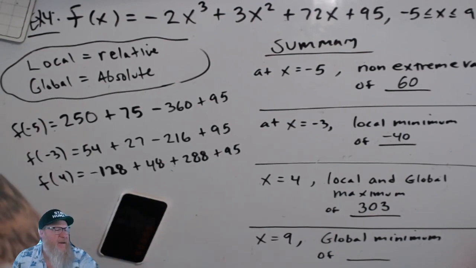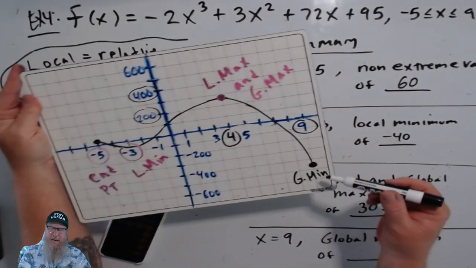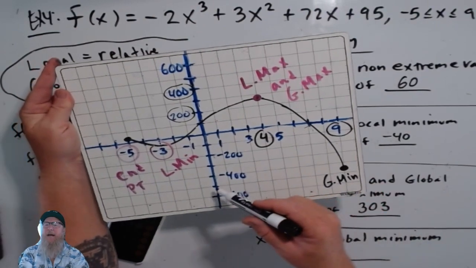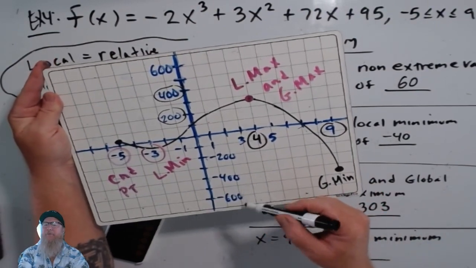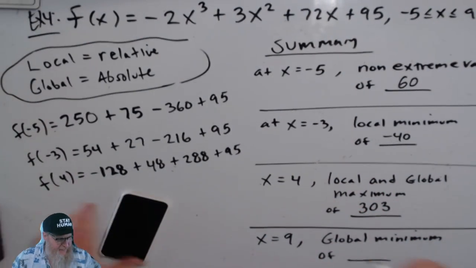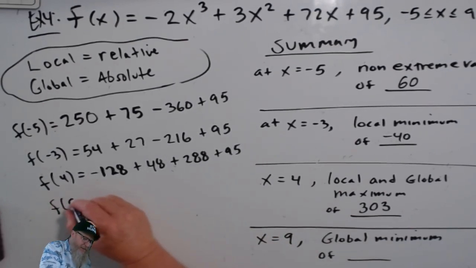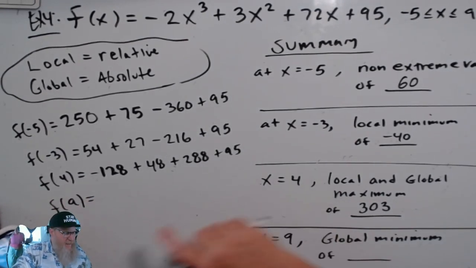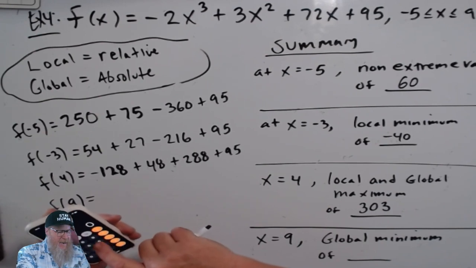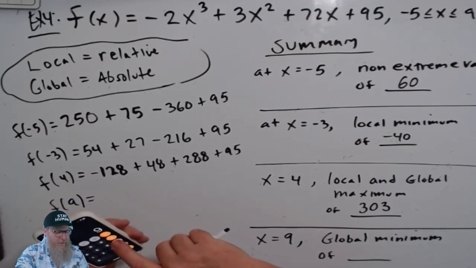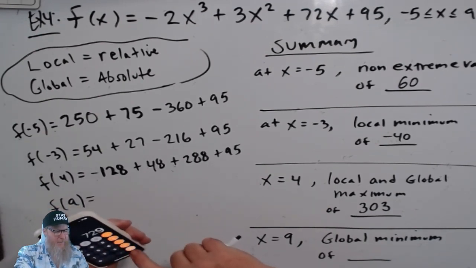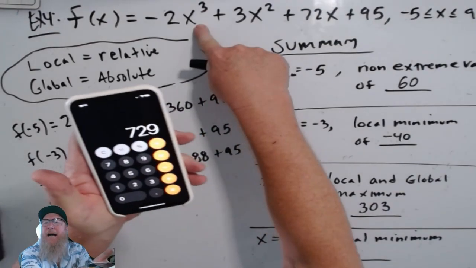All right, and then finally our global minimum, which is way down here. So we're estimating it's somewhere between negative 400 and negative 600. All right, so what do we got? 9 cubed, 729.